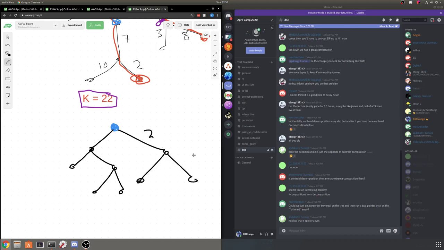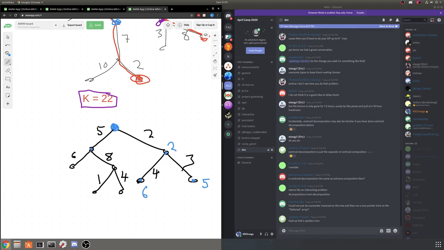So for example, if we had something like this, then if we started here and went to the root, that would be a path length of 2. If we started here and went to the root, it's a path length of 5. And we're just going to calculate that for each of the vertices of the tree. There's a lot of them, but I'm sure you get the point.